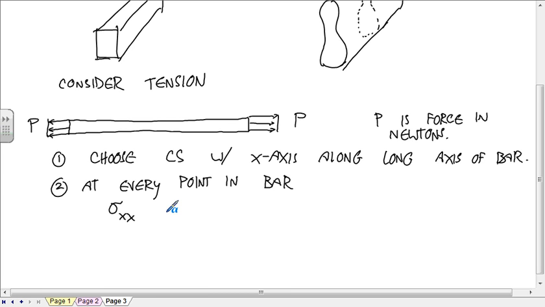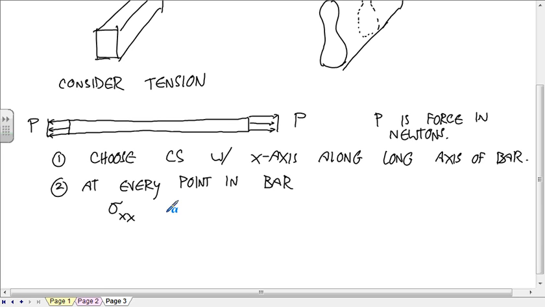So if we wanted to draw the stress cube representing this, we'd have an x normal stress of P over A. It would be on the other side too to keep it in equilibrium. Zeros everywhere else.